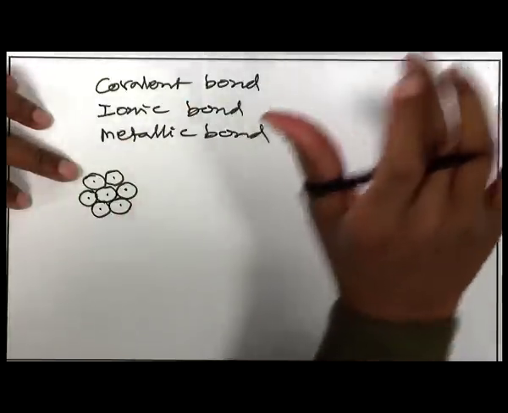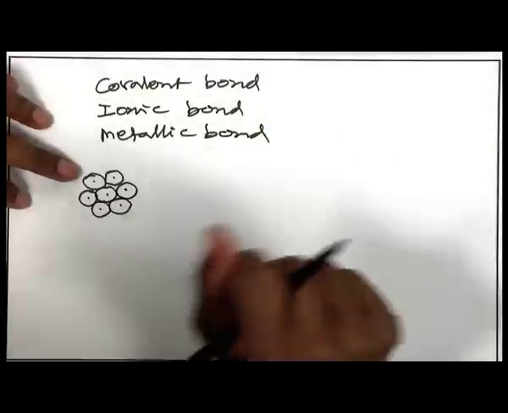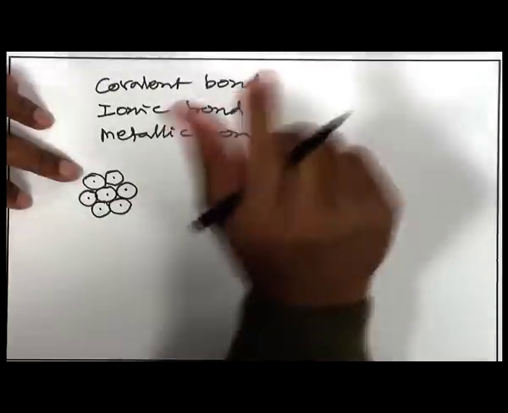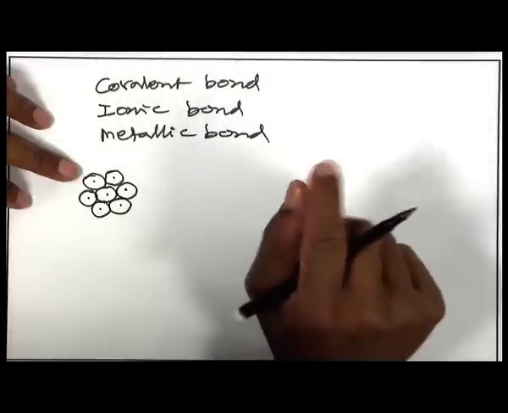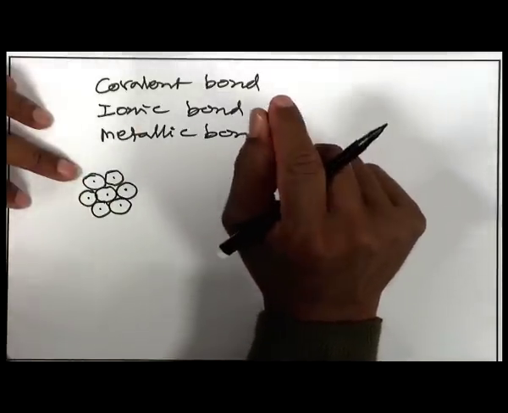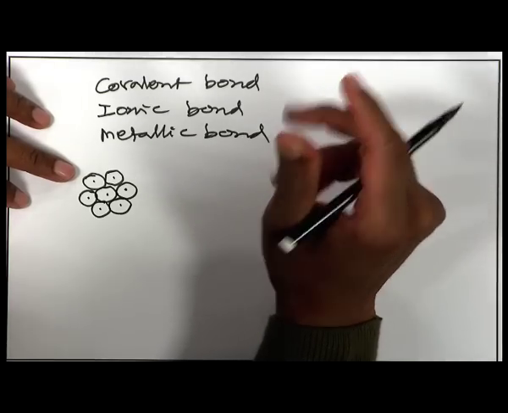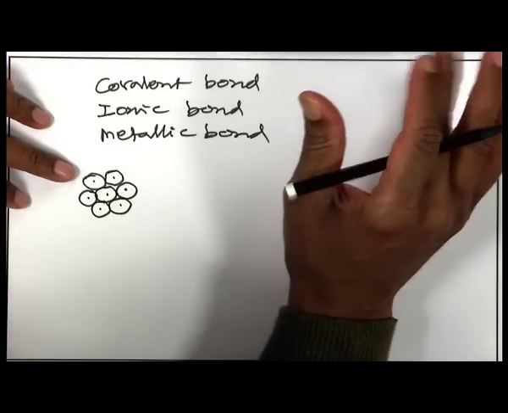That creates a sea of electrons in which the nuclei are present. Because of the movement of these shared electrons among several atoms, metals have characteristic properties such as conductivity. Metals are very good conductors of heat and electricity.